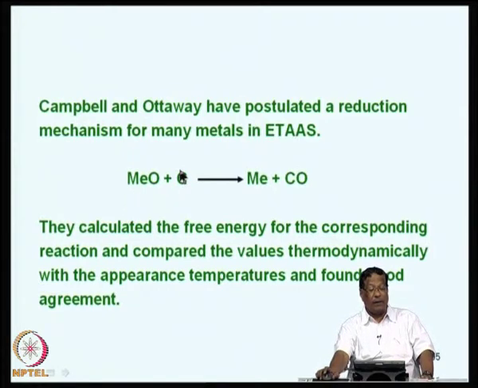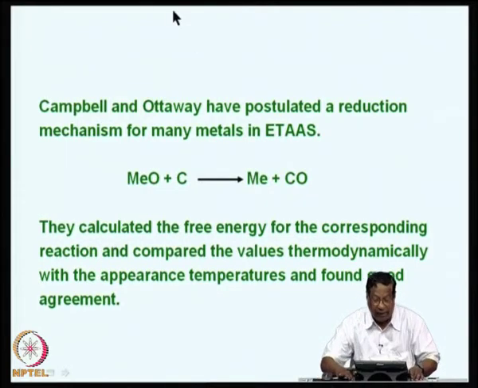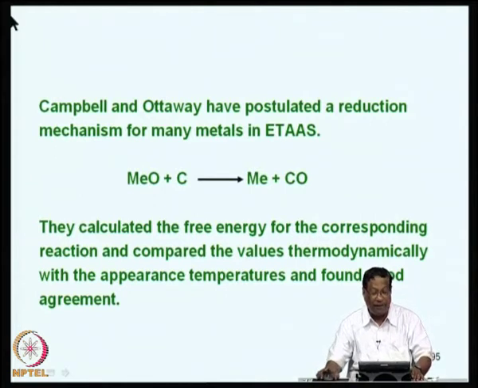For example, if you are taking a small sample of a substance as a hydroxide or oxide, it would react with the carbon of the graphite furnace to produce a metal, and the carbon would be converted into carbon monoxide or carbon dioxide, depending upon the free energy for the corresponding reaction.